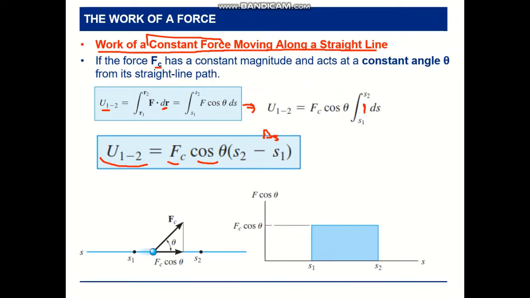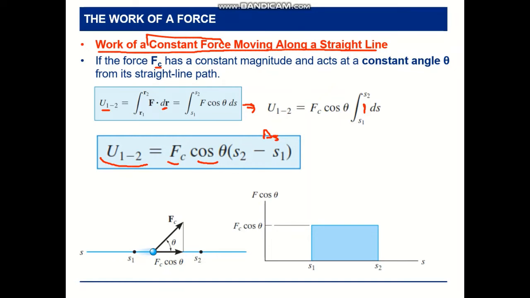As you see, the force is constant. Force multiplied by cosine theta is going to be constant from s1 to s2. It doesn't change anymore. So what do we need to do? Just multiply them with each other. That's it.